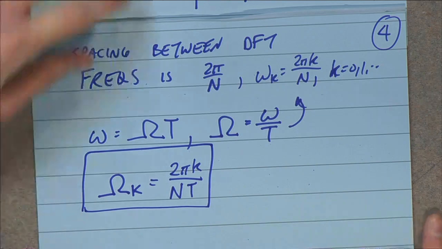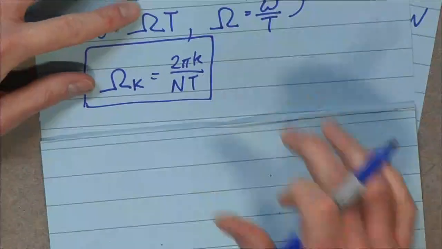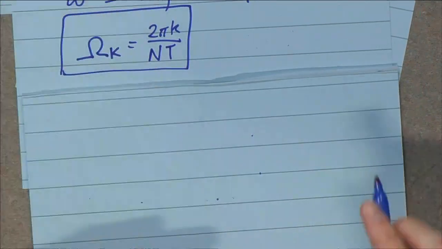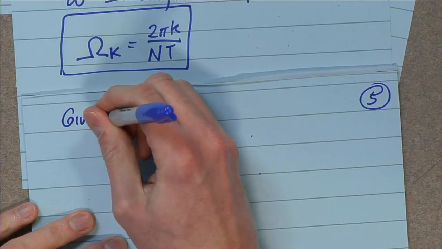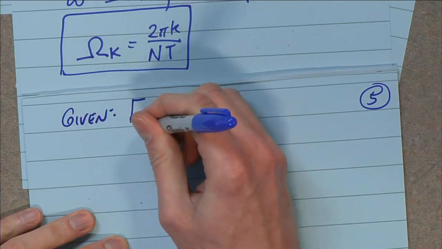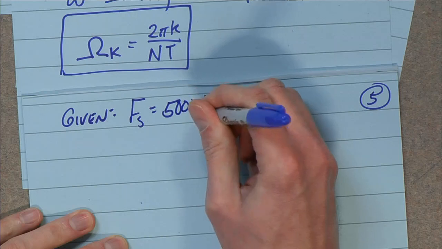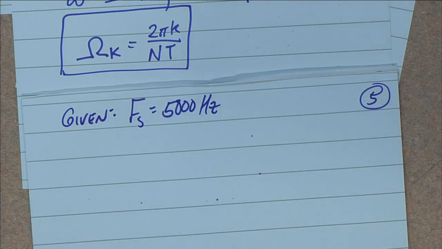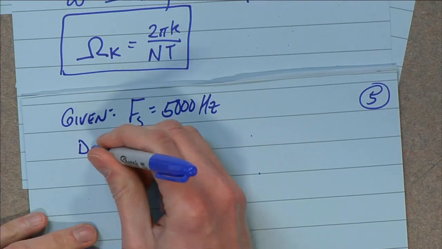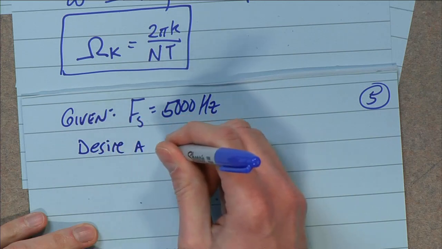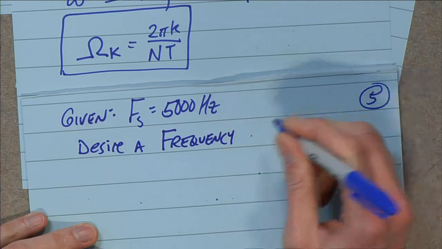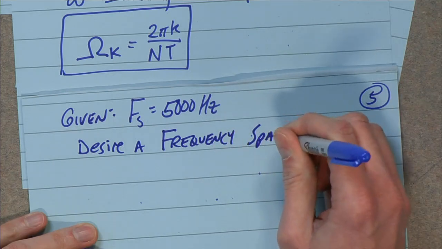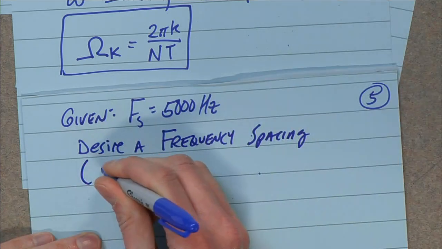As an example, let's crank through one quick example. Suppose we have a sample rate of 5,000 hertz. And we want a frequency spacing, in parentheses a frequency sampling.